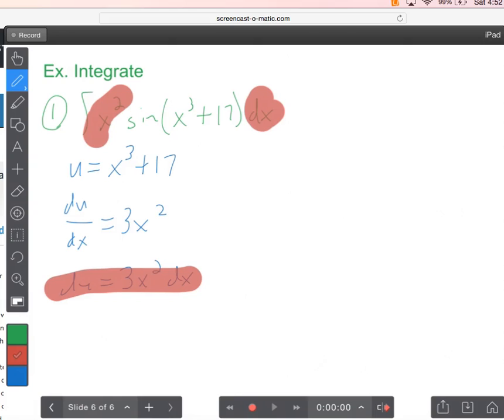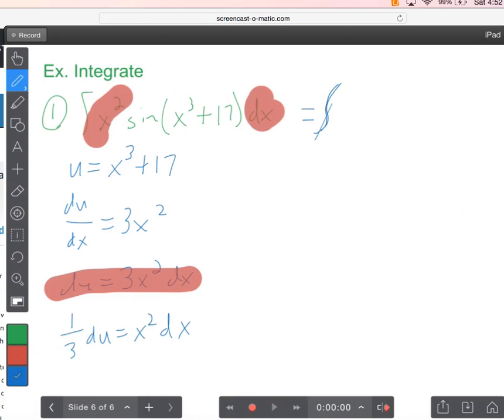So what we can do in particular here is that if du is equal to 3x squared dx, that means that 1/3 du is just equal to x squared dx, the expression that we have left over in our original integral. So now that we know that 1/3 du is equal to x squared dx, we can make our substitutions.